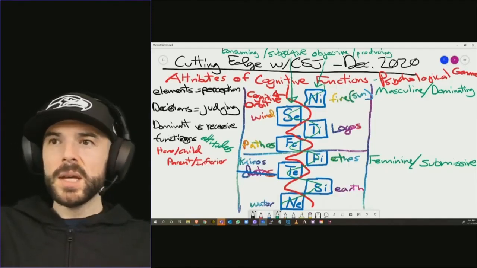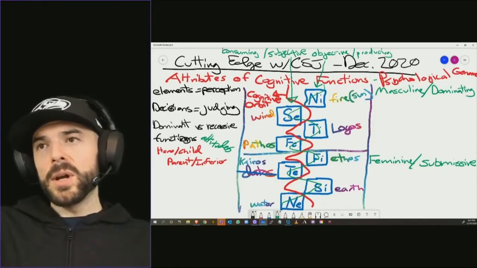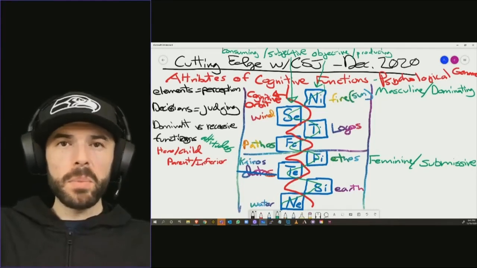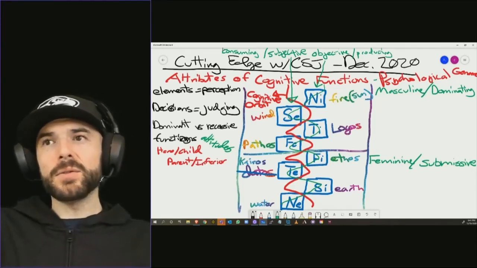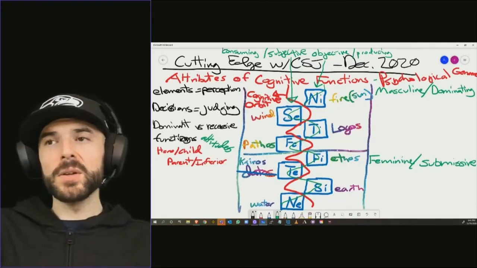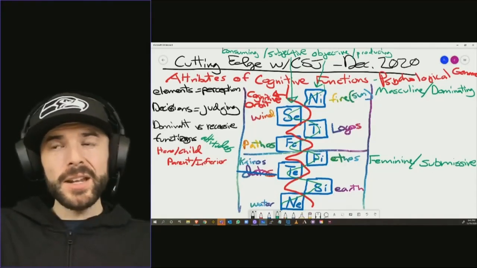And it's like, well, again, it's because when you're creating an ego using this psychological genome template, you have to follow dominant versus recessive functions, dominant versus recessive alleles, which translate directly into cognitive attitudes.